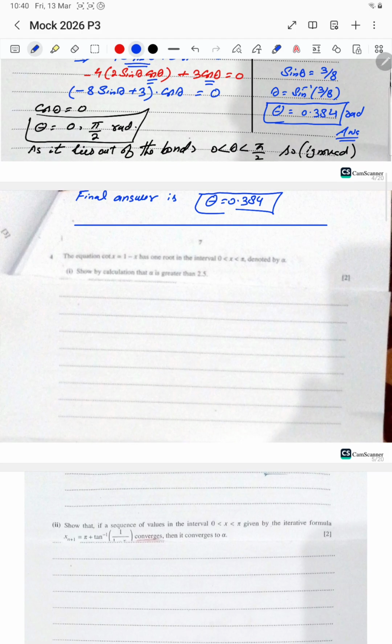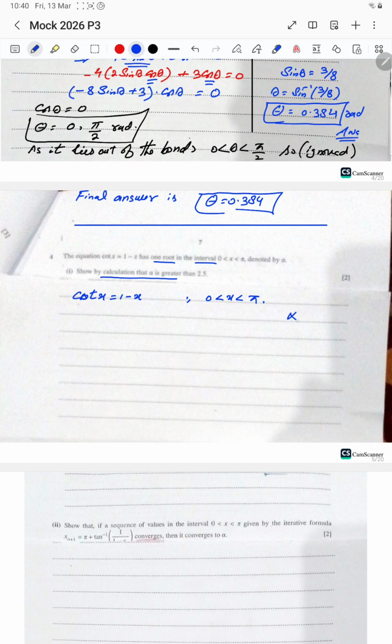Okay, next question number 4 says the equation given is cot x is equal to 1 minus x has one root in the interval 0 less than x less than pi, denoted by alpha. Show by calculation that alpha is greater than 2.5.